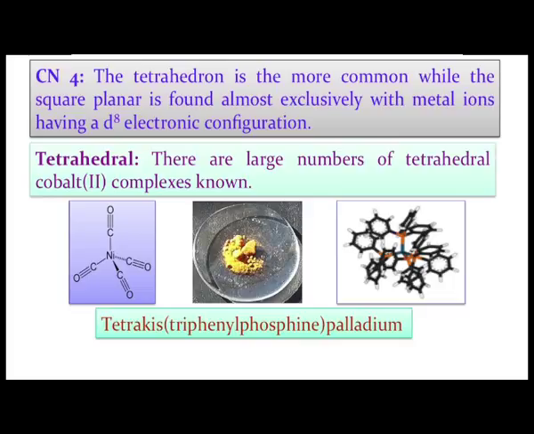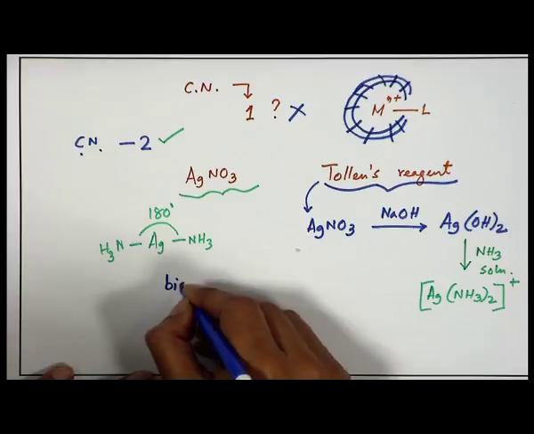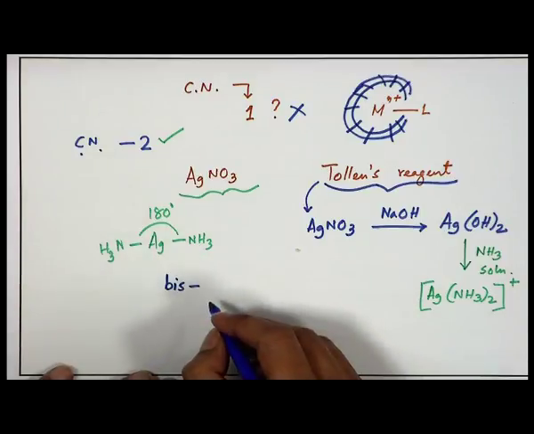Then if we write one particular compound as the tetrakis. So, bis, tris and tetrakis, we all know the nomenclature we are using, that means when we have the 2 ligands, we call as the bis.